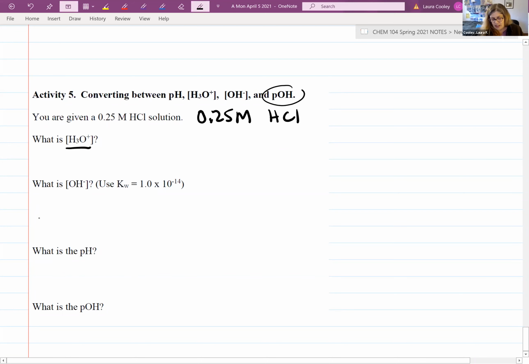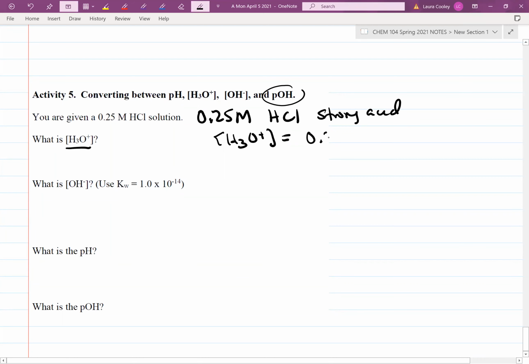Well, here we know that this is a strong acid. So what is the H3O plus concentration in this solution? Can somebody tell me? 0.25. Exactly. Thank you.